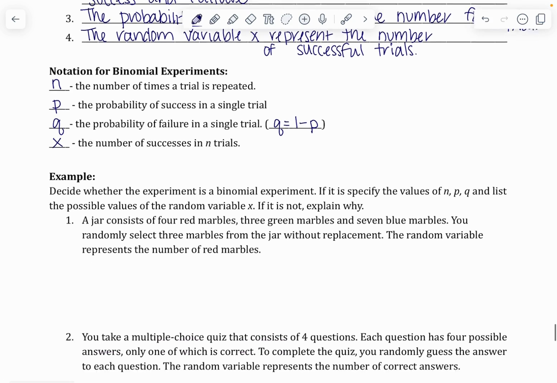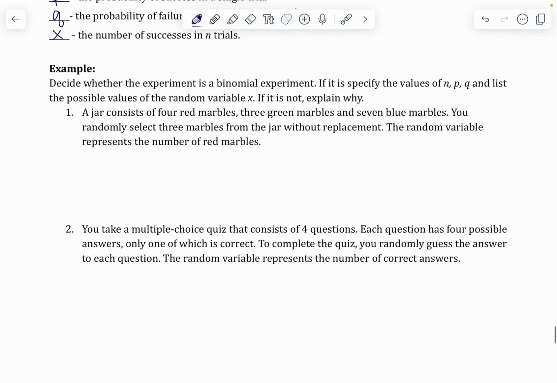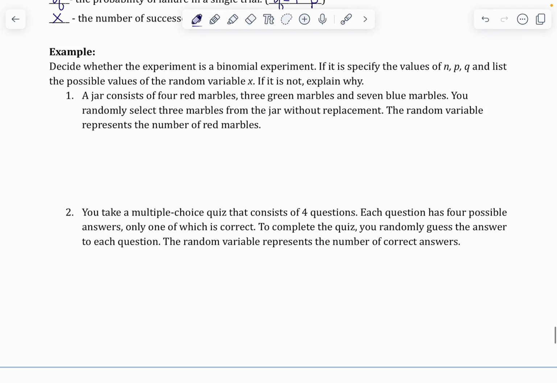So for these first 2 examples, we're going to just decide whether the experiment is a binomial experiment. If it is, specify the values of n, p, q, and x, and if not, list why. So a jar consists of 4 red marbles, 3 green marbles, and 7 blue marbles. You randomly select 3 marbles from the jar without replacement. The random variable represents the number of red marbles.